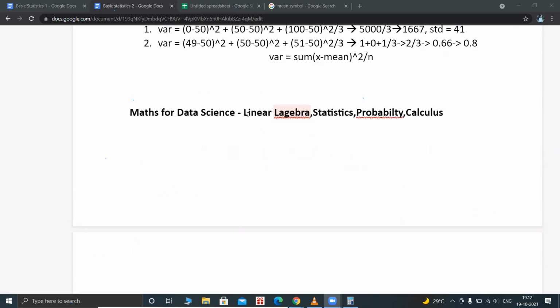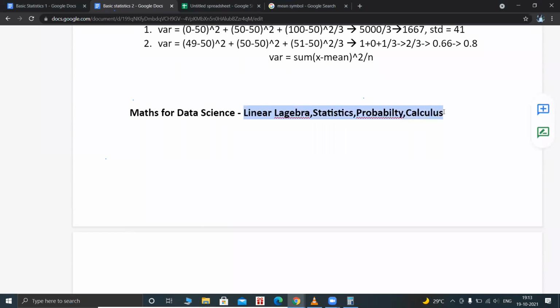See guys, when we deep dive into actual math concepts for data science, there will be derivatives, integration, and so many things, different kinds of distributions of data, right? Like normal distribution, binomial distribution, continuous distributions, and when it comes to probability, random variables, discrete random variables.